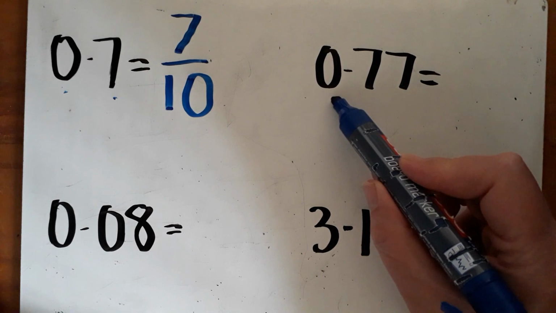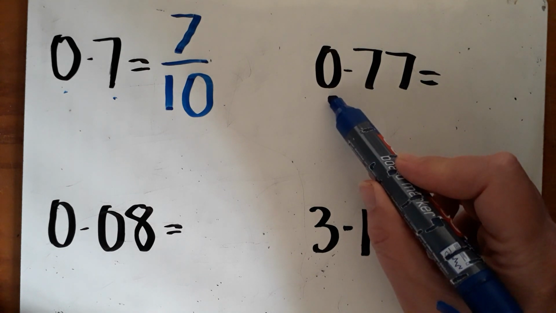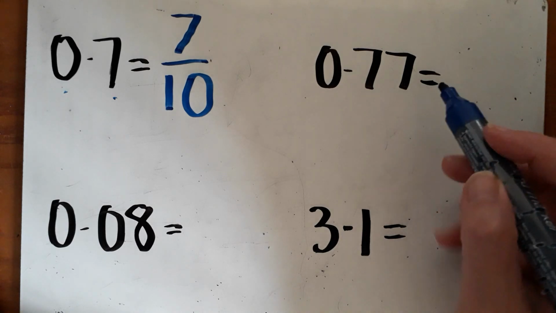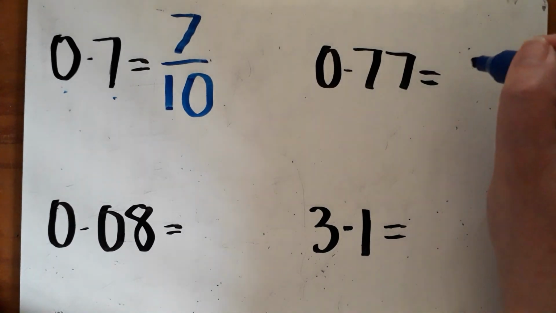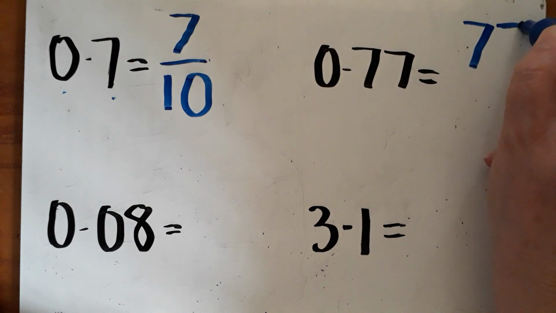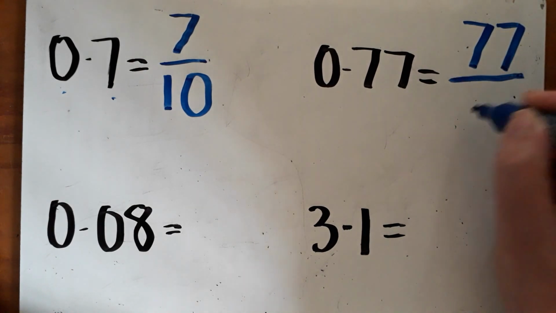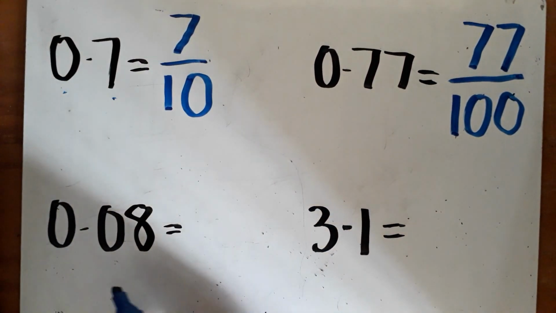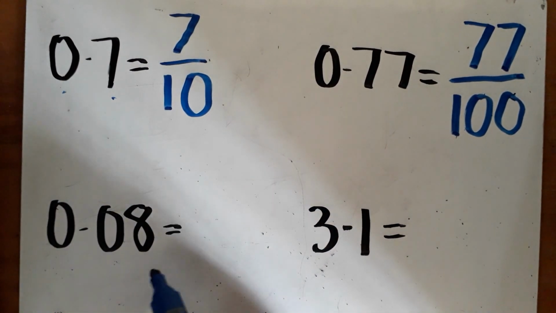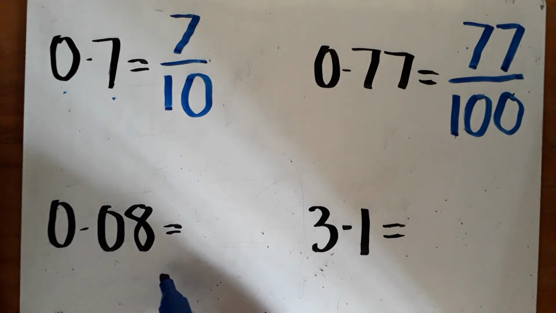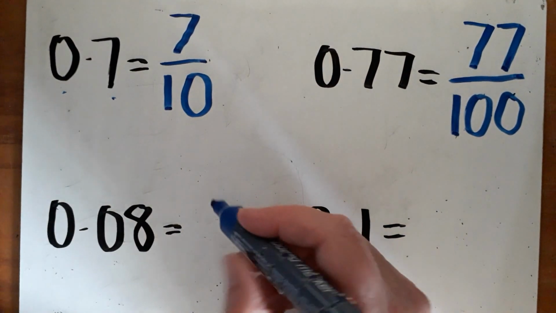Okay, 0.77, we have no whole ones, a 7 in the tenths and a 7 in the hundredths. So this as a fraction is written as 77/100. Okay, 0.08, we have no whole ones, no tenths, and 8 in the hundredths.